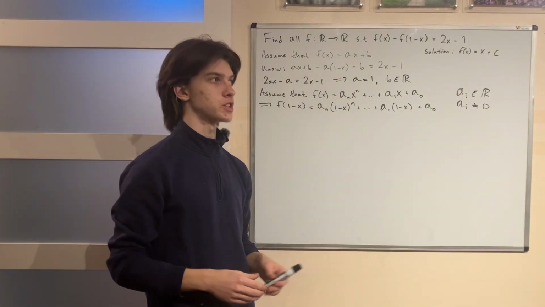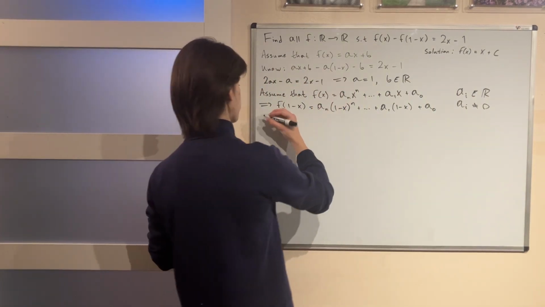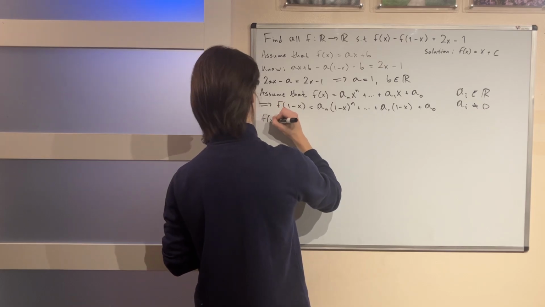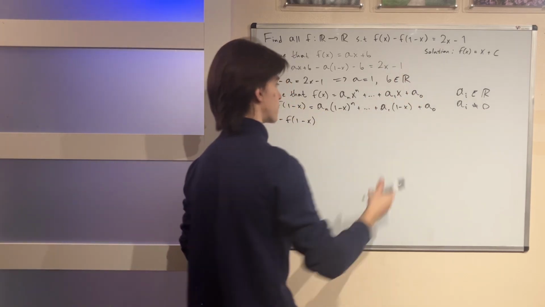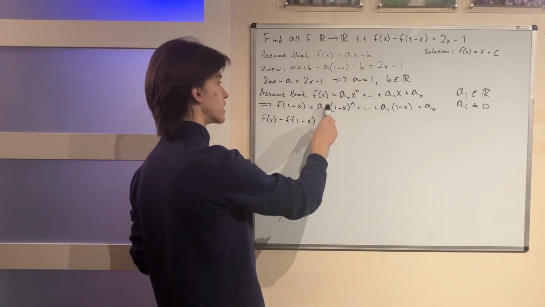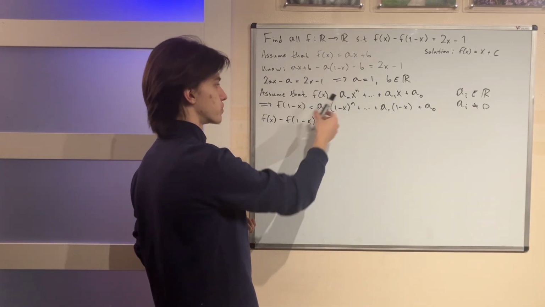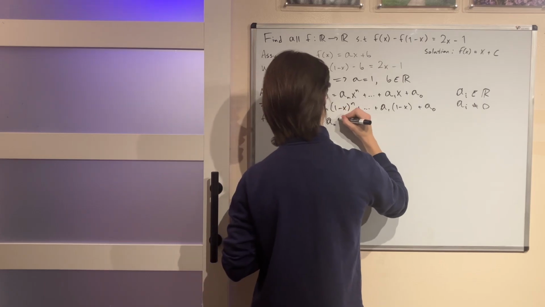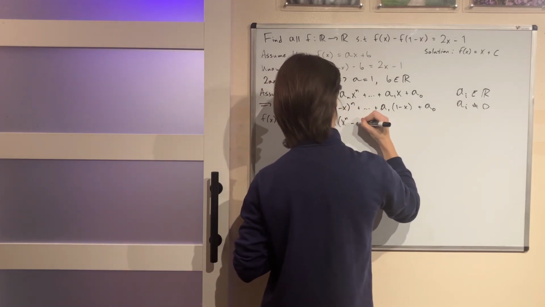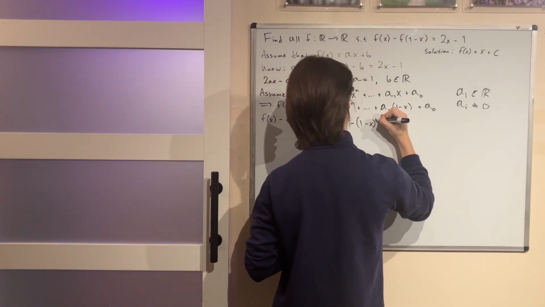Now we can apply the constraint of our equation and write that f of x minus this transformation of f of x must equal 2x minus 1. We can simplify their difference by factoring out each of these constant terms. So we get that the difference is an times x to the n minus 1 minus x to the n.